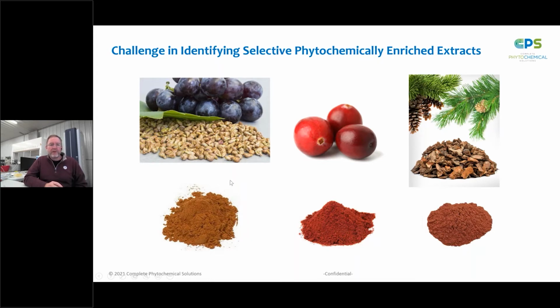And as you can see, we really do lose those botanical structures. And what we end up with is a very enriched product or ingredient in a class of compounds. And in these classes, we're working with proanthocyanidins, otherwise known as condensed tannins. But the difference between these is pretty hard to tell just by visualization.